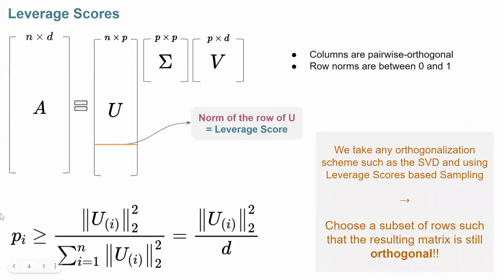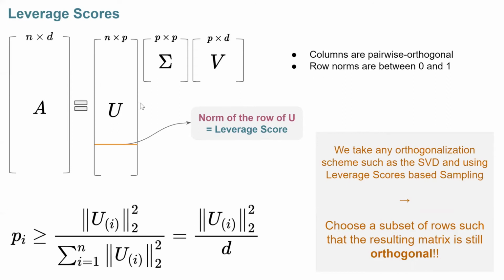So what are these leverage scores, right? These leverage scores are nothing but the row norms of the U, that is the left singular vectors. So we know two things after we do an SVD. Let's say this was your data A. You got your U, sigma, and V, where U are your left singular vectors, V transpose is the right singular vectors, and sigma are your singular values. You know that the columns of this U are pairwise orthogonal, but you also know that the row norms are somewhere between 0 to 1, right?